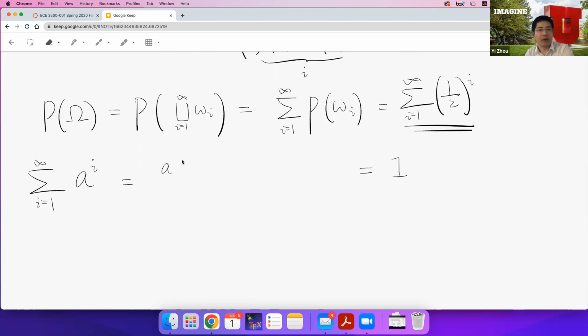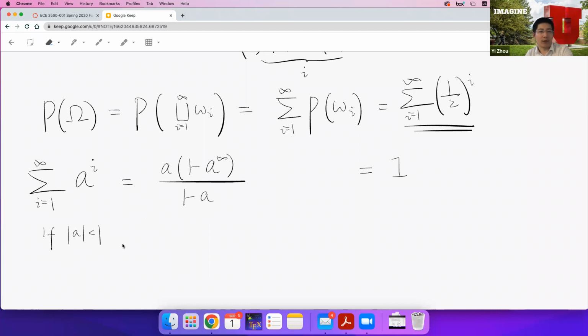We start from a, over 1 minus a, and the term a to the power of infinity.